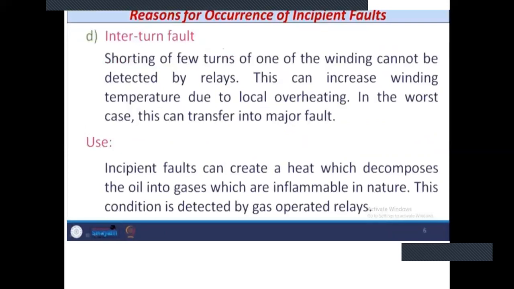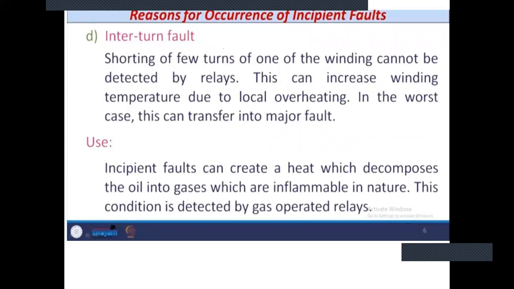Okay. So the fourth reason for the occurrence of the incipient fault in the transformer is nothing but the interturn fault, or the body interturn fault. Whenever a few turns of one phase or multiple phases are shorted together, there is a fair chance of an increase in temperature because of local heating.